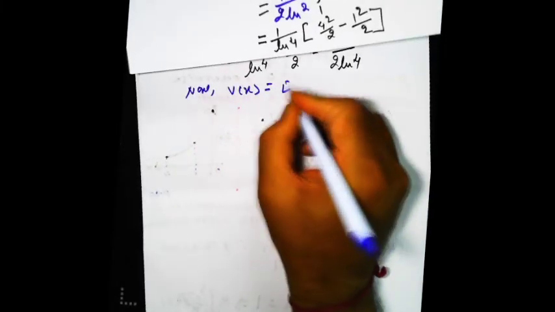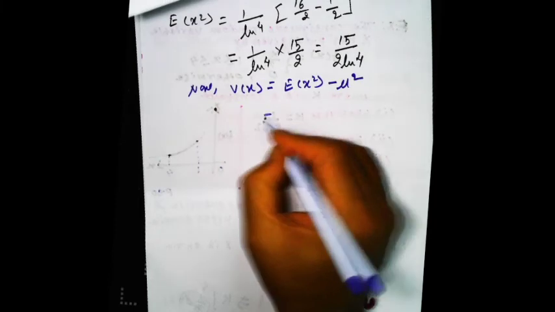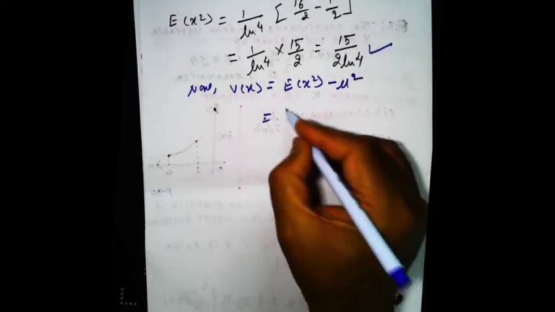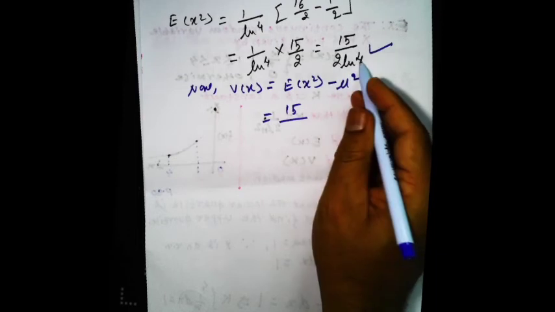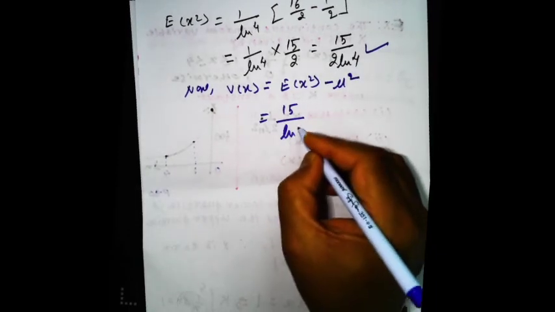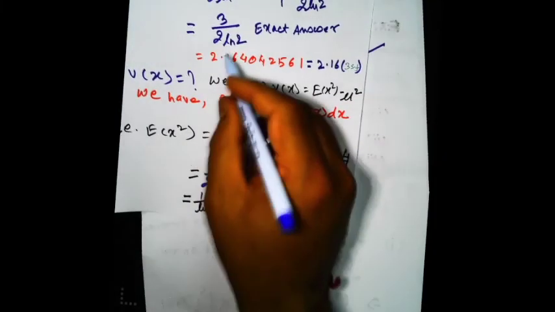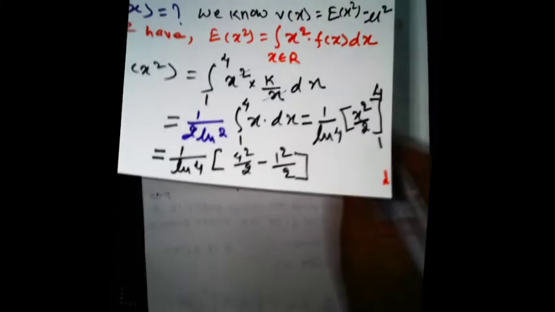So now you can see here the variance, so you can write variance of x as the expectation of X squared minus mu squared. The expectation of X squared is here, so it is 15 over 2 ln 4, or you can also write ln 4 squared when this coefficient goes to the power of 4, and minus mu squared, that is 3 divided by 2 ln 2, squared.